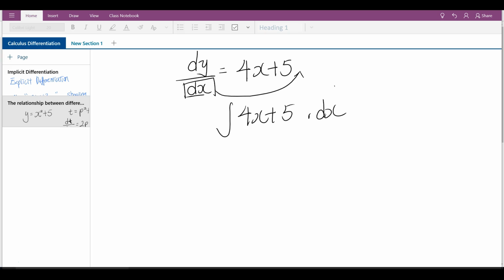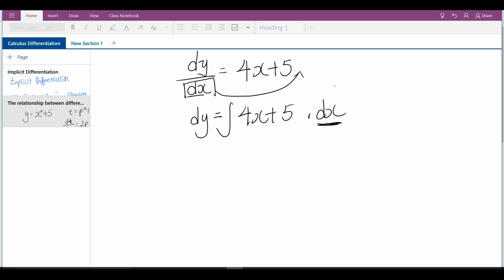What this dx actually means is, just like the derivative, where we are deriving y with respect to x, in this case we are integrating 4x plus 5 with respect to x. And what should be on the other side is dy.